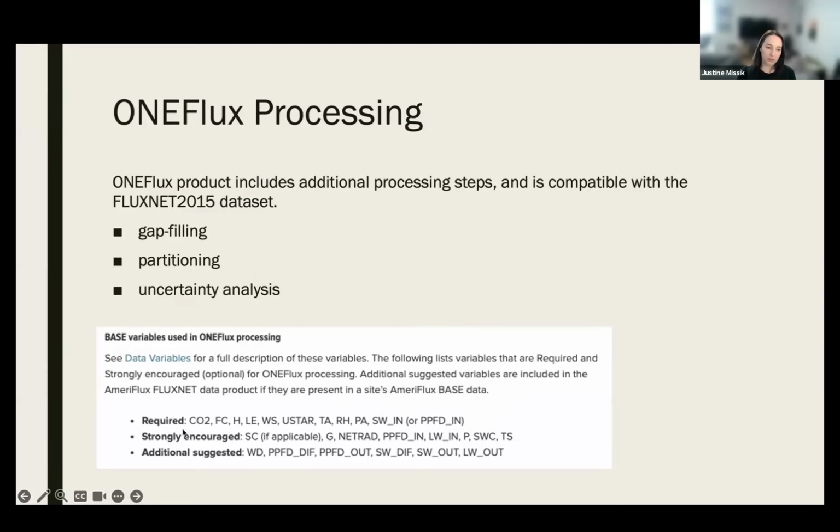And then there are required variables that need to be included in your data set for this processing to be able to run for your site. So there's a list of which variables are required, which ones are strongly encouraged, and then there's additional variables that are suggested to include with that.